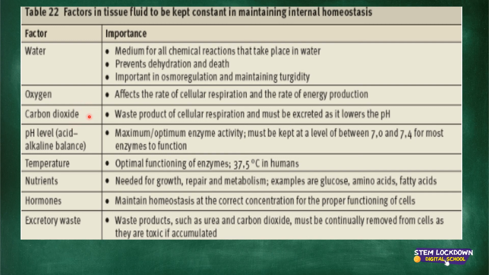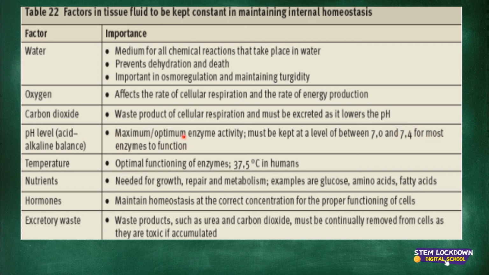And then the other factor we discussed was the pH level, which is the acidic or alkaline balance. This is also closely related to the carbon dioxide concentration in the body. The importance of pH is that it greatly affects enzyme activity. It must be kept between 7.0 and 7.4 for most enzymes to function.